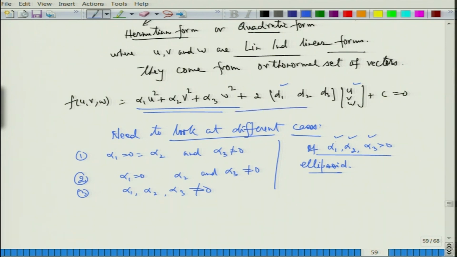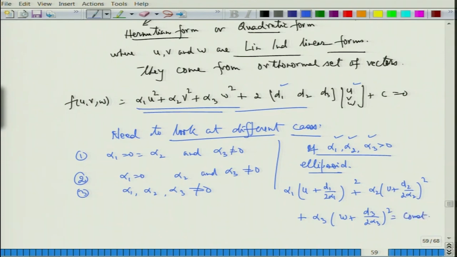This expression in this case will turn out to be alpha 1 outside, you will get u plus d1 upon 2 alpha 1 whole square plus alpha 2 v plus d2 upon 2 alpha 2 whole square, unless I have made a mistake. So, be careful, because I am very good at mistakes. So, you will have to rewrite yourself, w plus d3 by 2 alpha 3 whole square is equal to some constant.